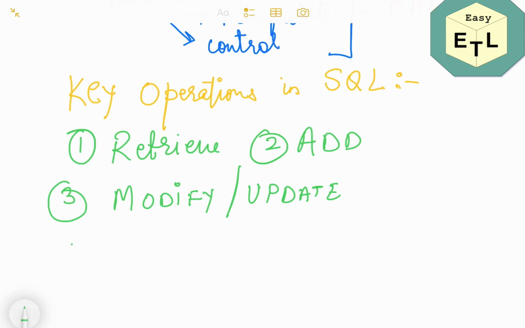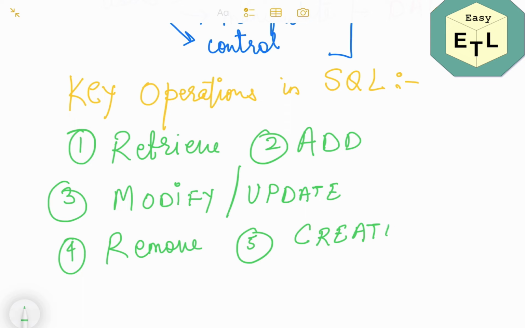The fourth one is, we can remove the records from our table, right? The fifth one is, create or modify database schema. So what is a database schema? It's actually a structure.